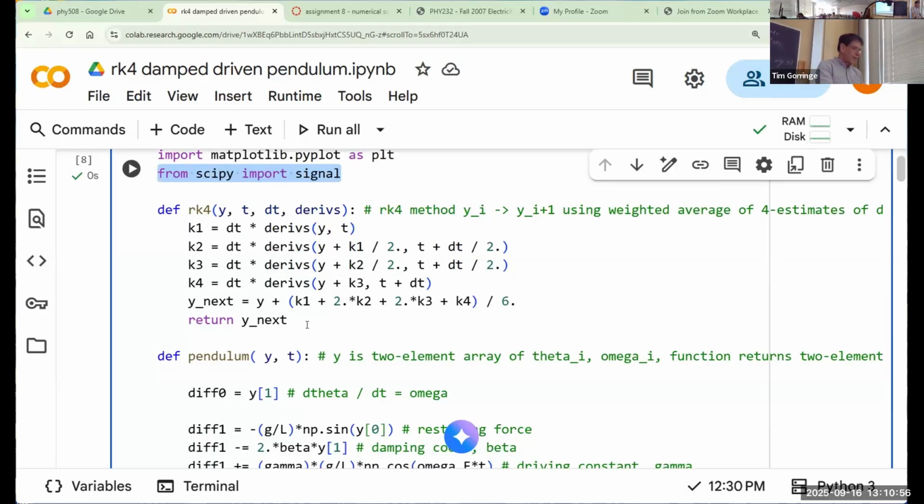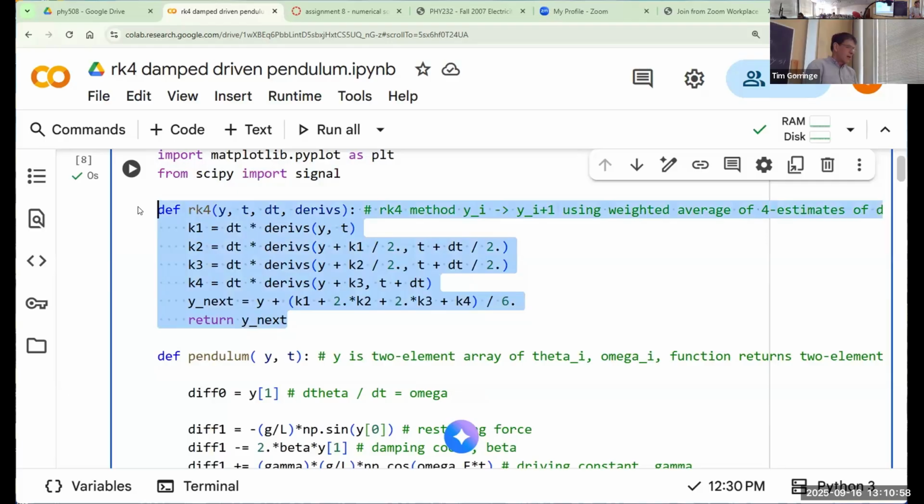We talked about this the last class. This is my user function that calculates the future angular position and angular velocity of the pendulum based on the current angle and angular velocity of the pendulum using the Runge-Kutta method.